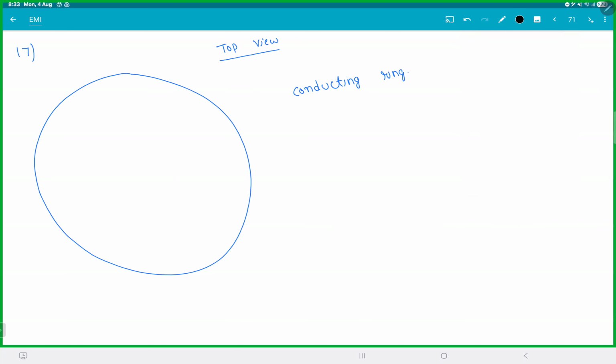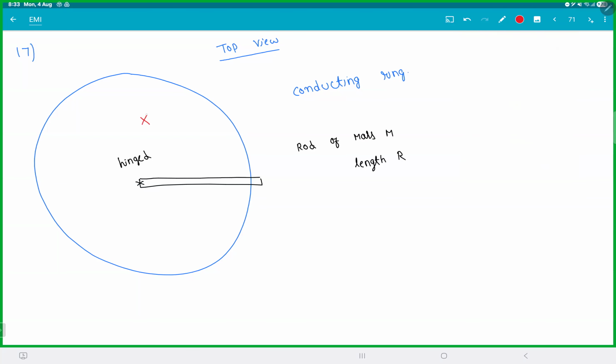On this conducting ring, we have a rod. This is hinged in the center. Rod of mass m and take the length to be r.